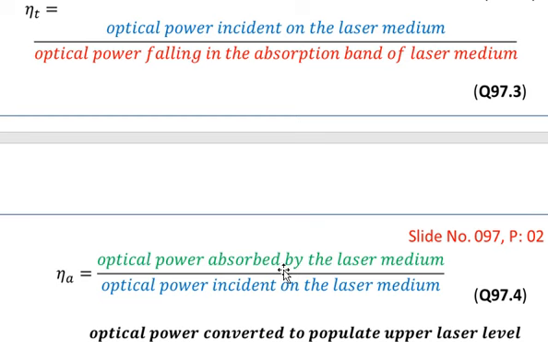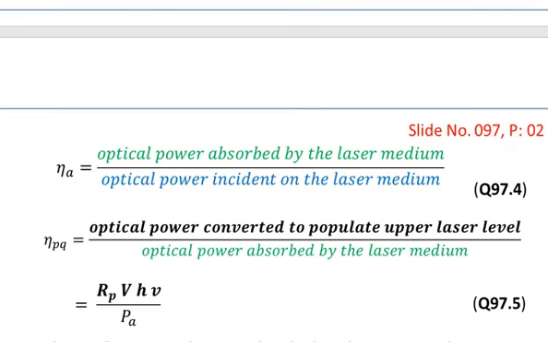That is the optical power absorbed by the laser medium. And in the definition of eta PQ, the denominator is the same quantity shown in green, the optical power absorbed by the laser medium. So when eta A and eta PQ multiply each other, the numerator in the eta A expression will be cancelled by the denominator in the eta PQ expression.